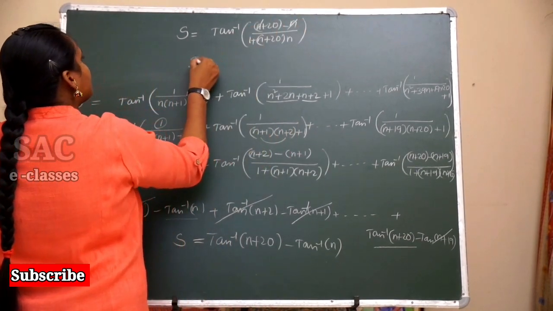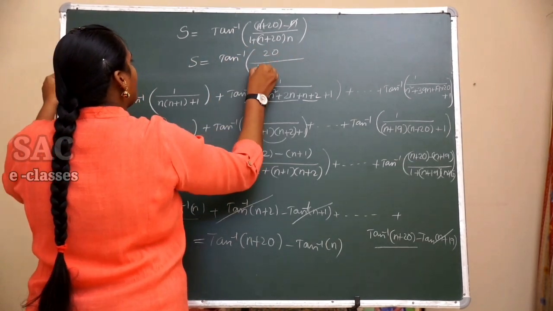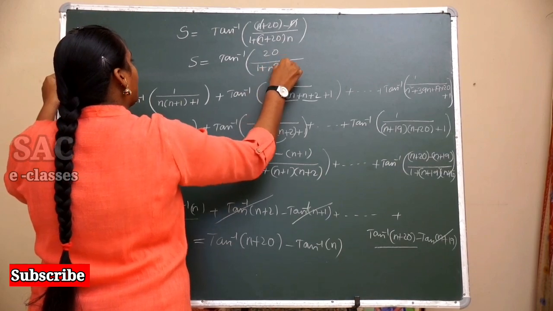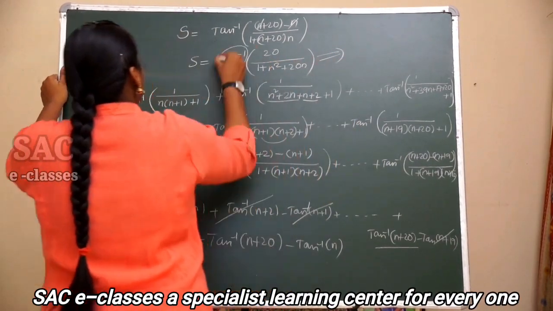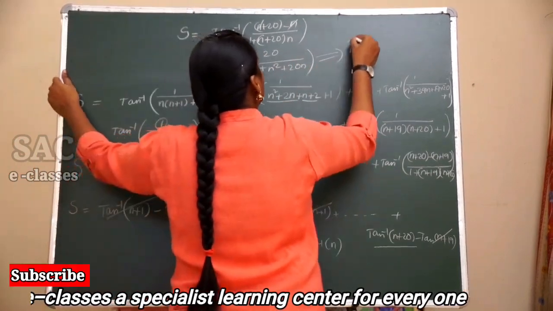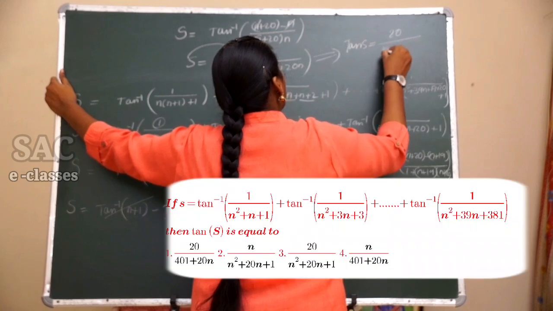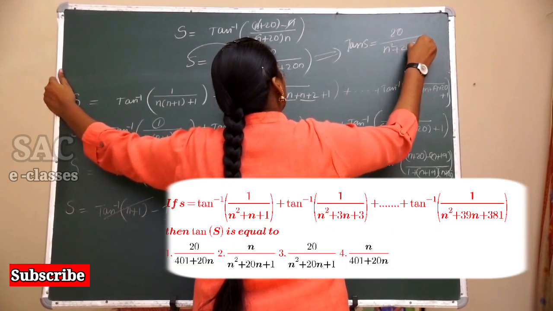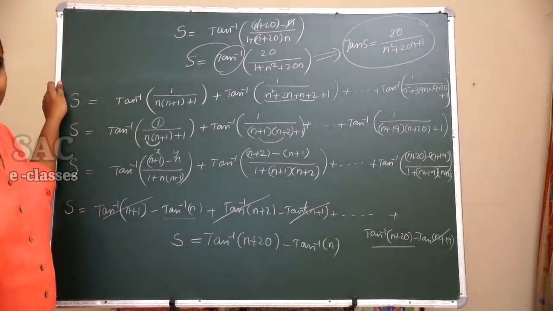Clearly, S is equal to tan inverse 20 by 1 plus n square plus 20n. Now you can transpose tan inverse to the other side, then tan S is equal to 20 by n square plus 20n plus 1, which will be the required answer.